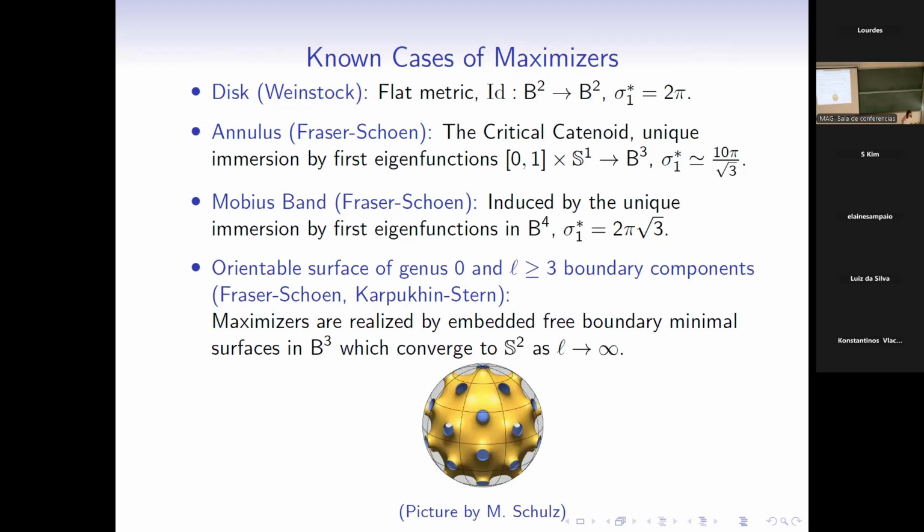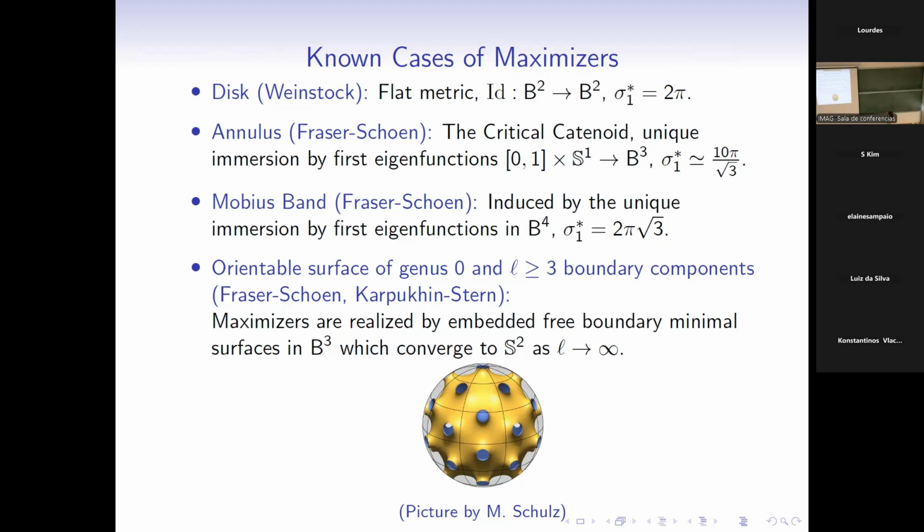Okay, for the case of orientable surfaces of genus 0 and at least 3 boundary components, Fraser and Schoen also proved that the maximizing metric exists, and Karpukhin and Stern showed that when you endow the surface with the maximizing metric, these surfaces will converge to the sphere, the boundary of the ball.